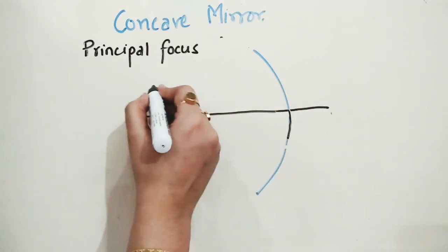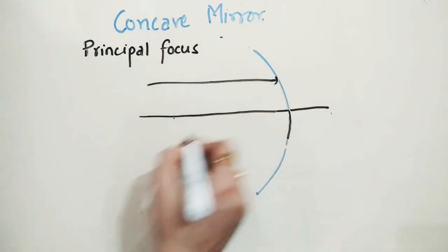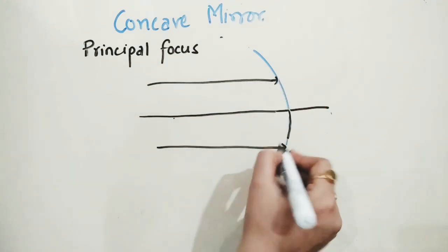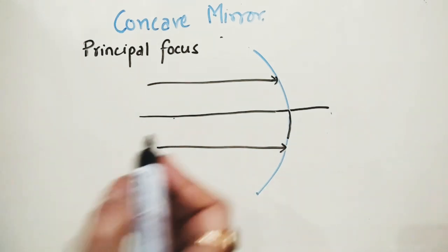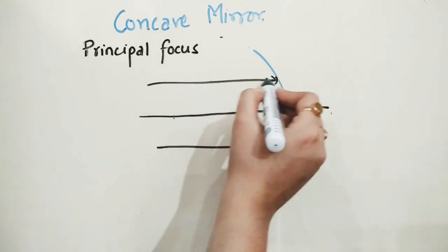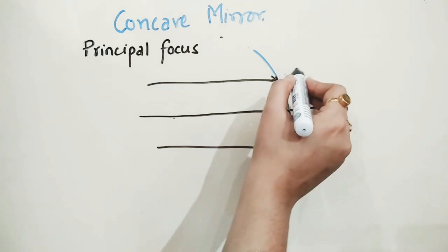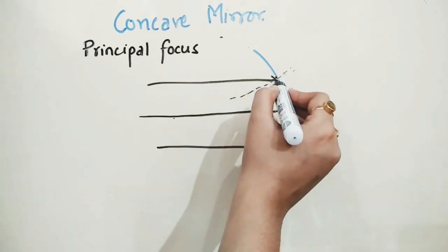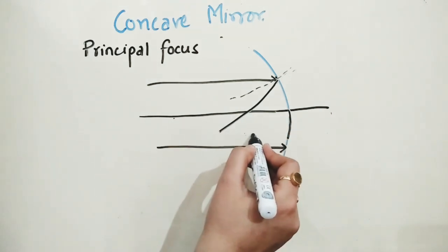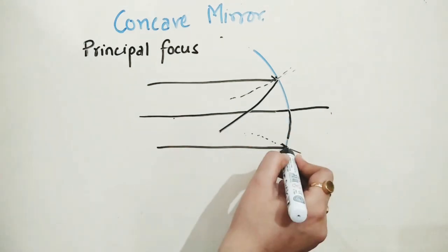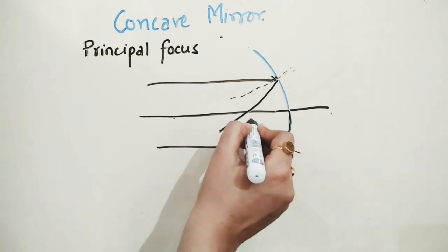Now, these are two rays which are parallel to the principal axis. If we follow that rule, whenever a light ray is incident on a reflecting surface, it is reflected by angle r. Similarly, again following that rule, the other ray is reflected like this.